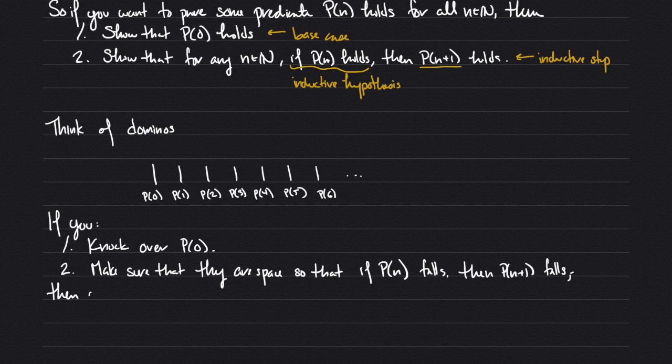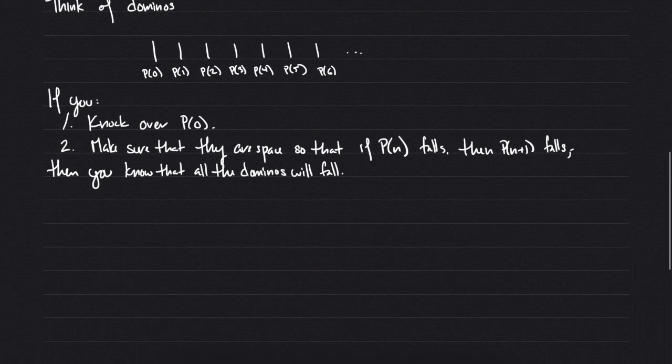Then you know from experience, although you maybe haven't experienced a line of infinitely many dominoes, that in an ideal world, if you know these two things, then all the dominoes will eventually fall. Okay, so this is the mental picture I think we should have of induction.